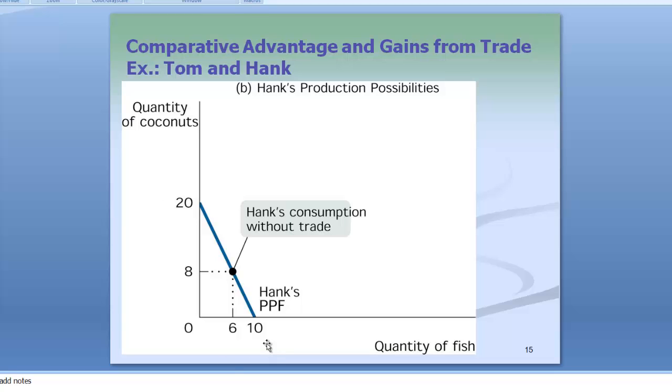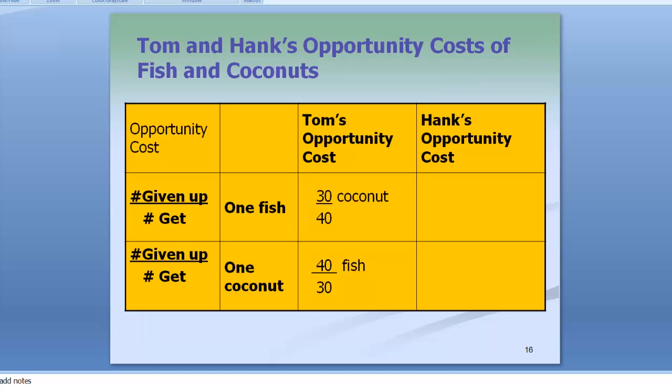In order to collect 10 fish, Hank will give up 20 coconuts, and vice versa. In order to collect 20 coconuts, Hank would have to give up 10 fish. Once again, the opportunity cost of production is a measure of what is given up relative to what one gets.